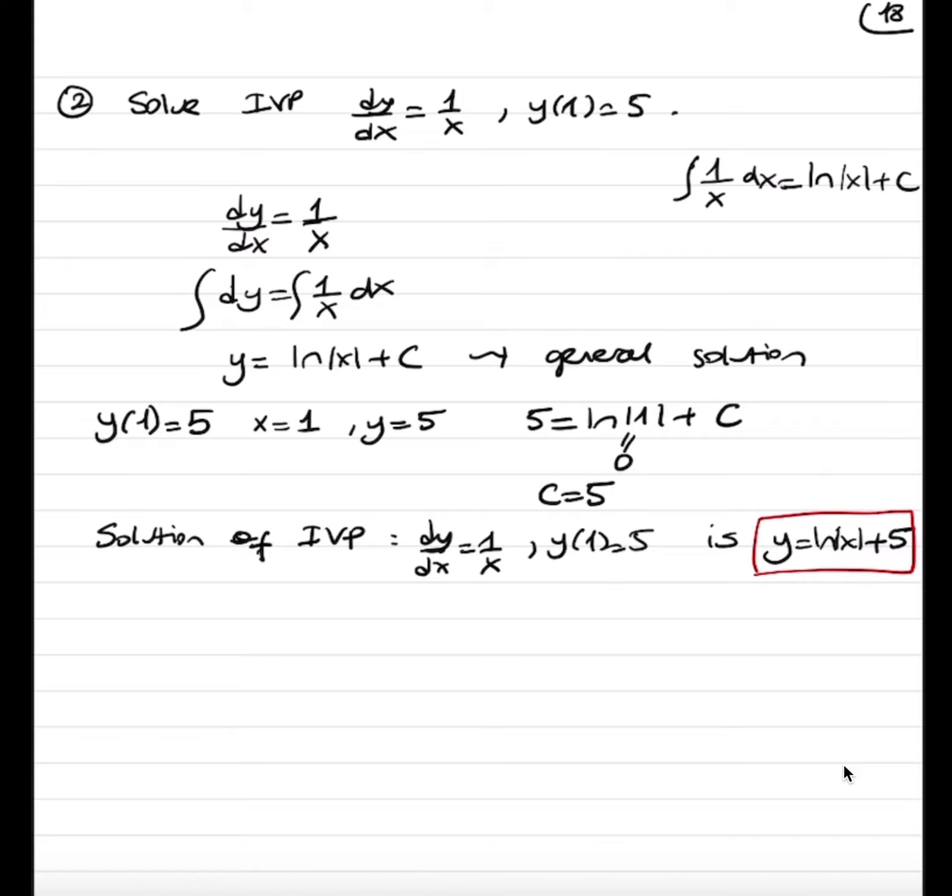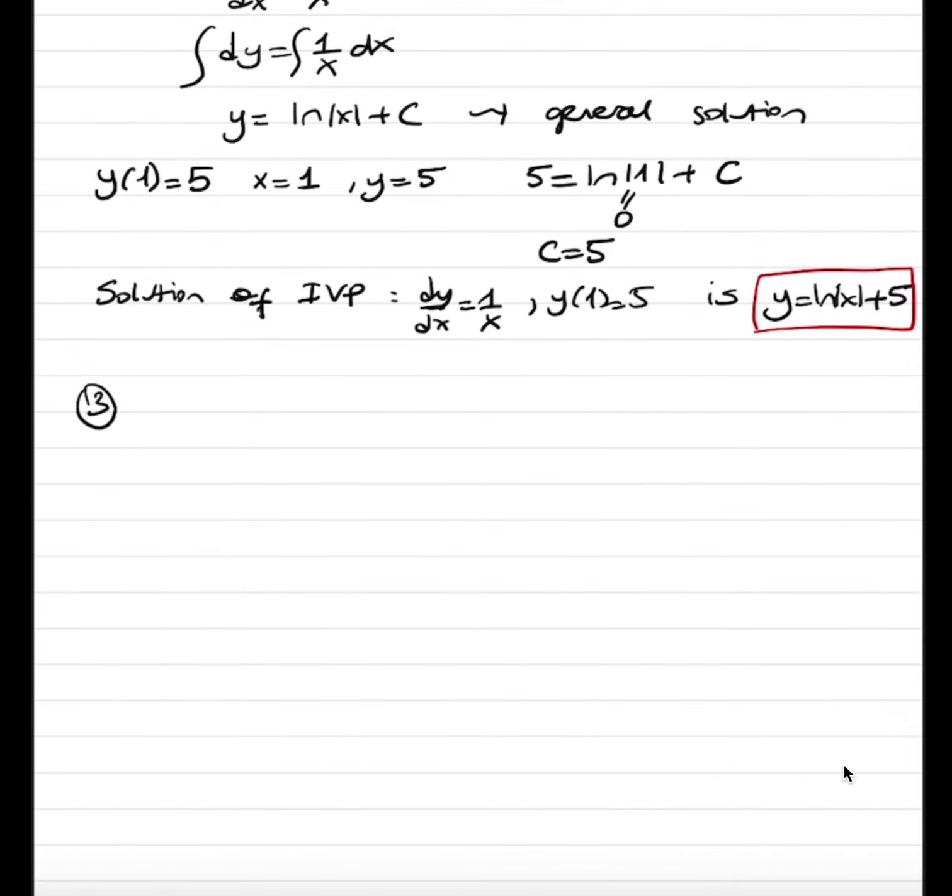You see, these problems are very easy to solve. Okay, let me do one more easy one, and then we continue with the more difficult examples. Solve y prime is equal to y squared.